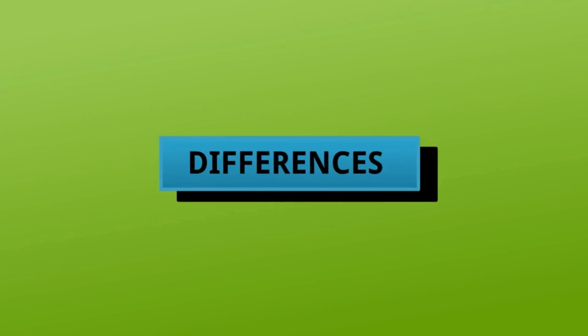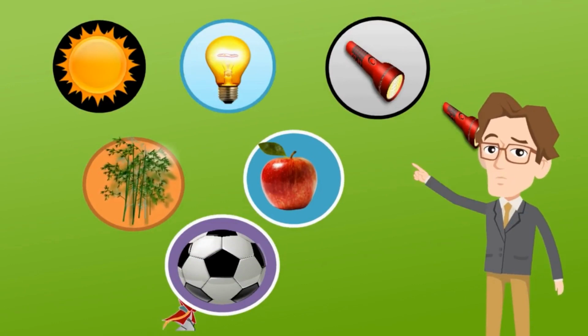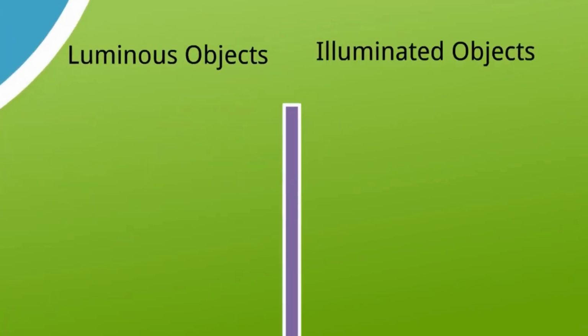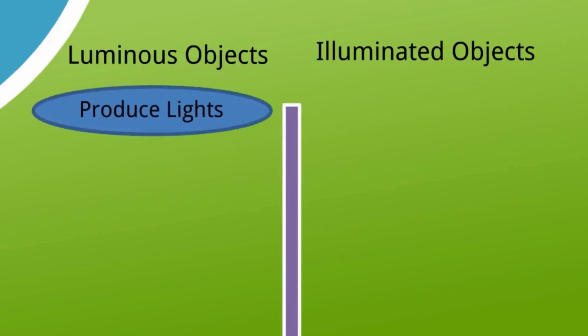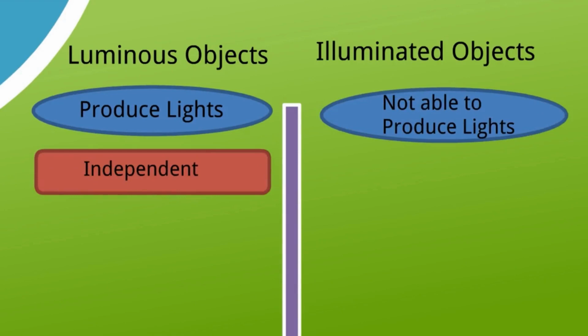Differences. Sometimes we get confused about the sun, bulb, torch, plants, apple, football. But don't be confused. We can easily categorize luminous and illuminated objects. Let's see the differences. Luminous objects produce light. Illuminated objects are not able to produce light. Luminous objects are independent.